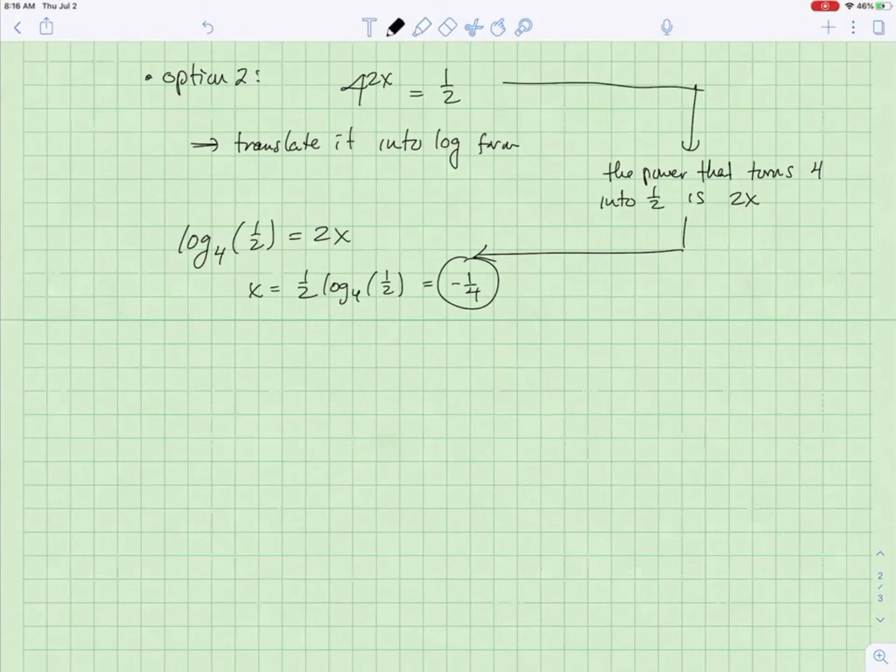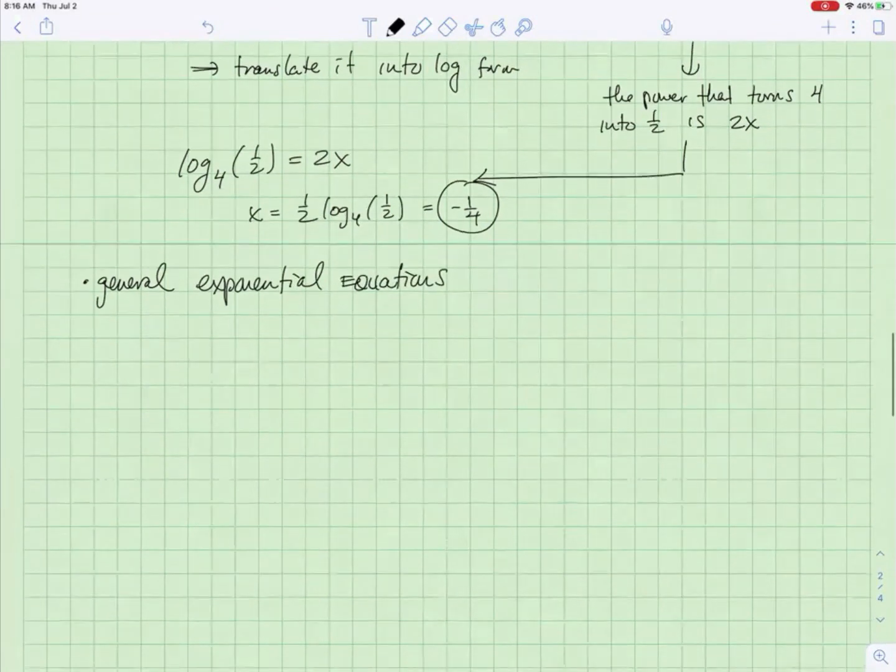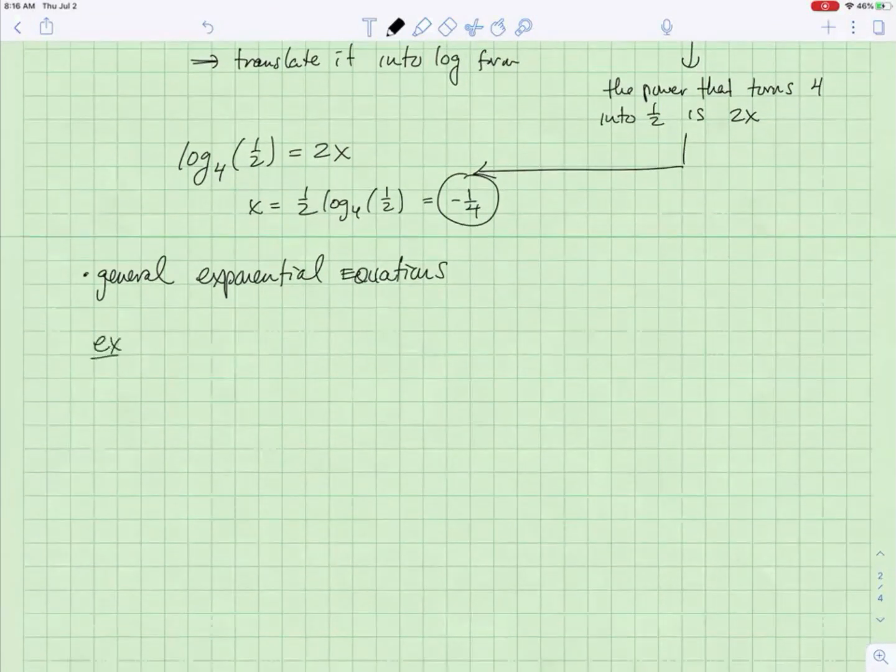Let's do a more general problem. General exponential equations, solving them. Here's an example. 5 to the -x is equal to 2.